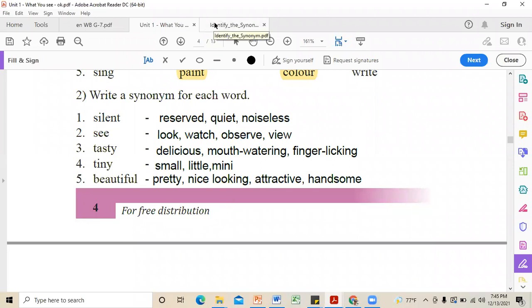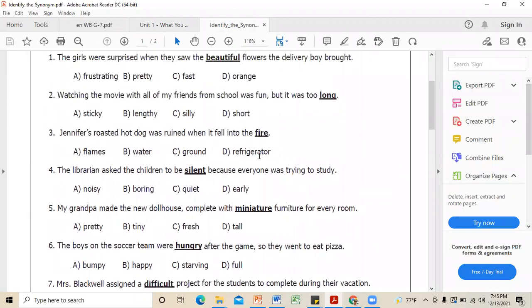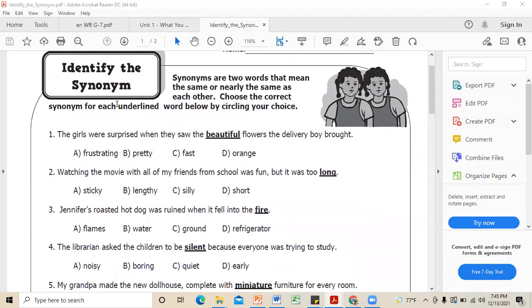And as the last exercise for today, I arranged one exercise, right? Here you are given a sentence, and you are given one word which is underlined. For this underlined word, you will have to see what is the similar word or the synonym from each of these given words, right?